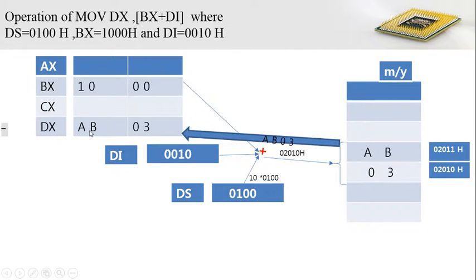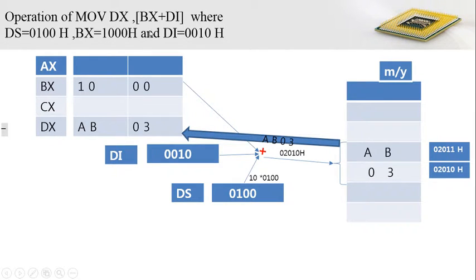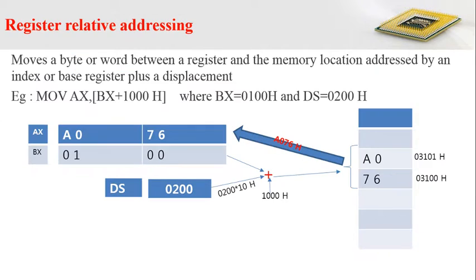So this is the meaning of this type of instruction available in our program code. Okay, which type of addressing mode is this? Base plus index. That means the displacement value is represented as a content of some base register plus index register content. So this is an example for base plus index addressing mode.